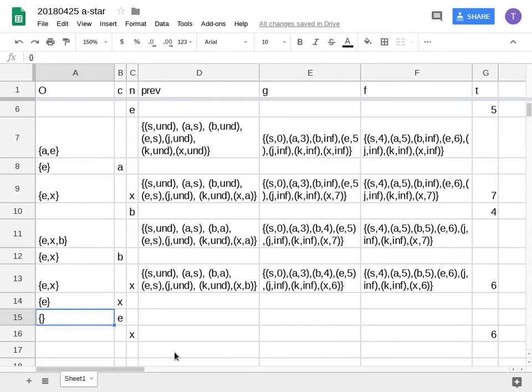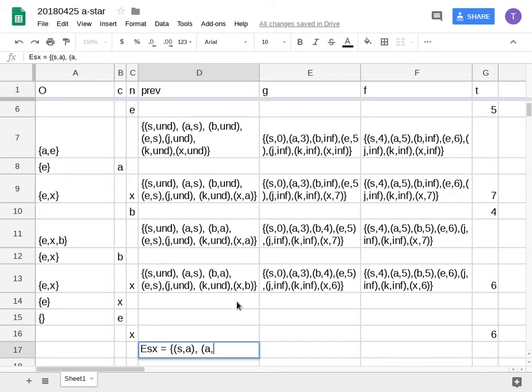According to this, I'm just going to write it here. ESX is going to be, basically, you reverse all the tuples. So we have A, start vertex to A, because the previous of A is the start vertex.